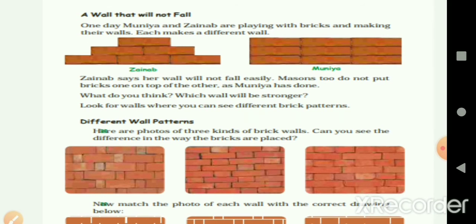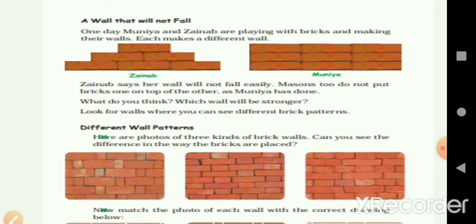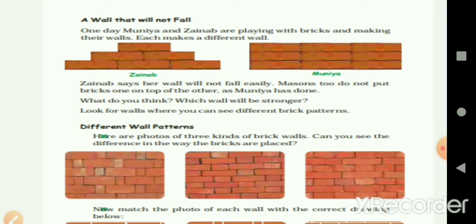See, masons do not put one brick on the other brick because it is very easy to fall down. But Zainab put bricks correctly. That's why Zainab said that her wall will not fall easily.